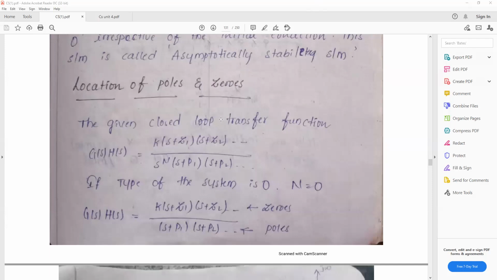The first is the location of the poles and zeros.